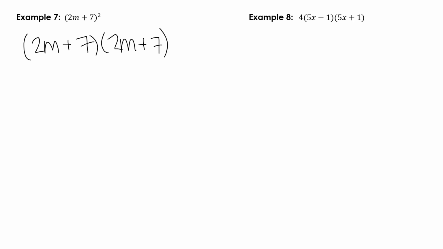So anytime you see that something is squared, that means that you should write it twice, and then you would FOIL. So now we're going to use the same process we used on the last 2 examples.